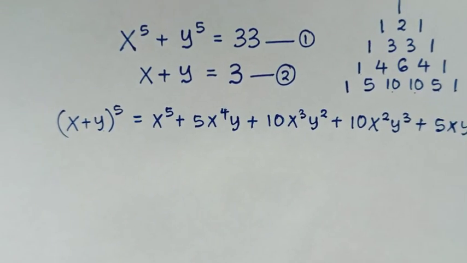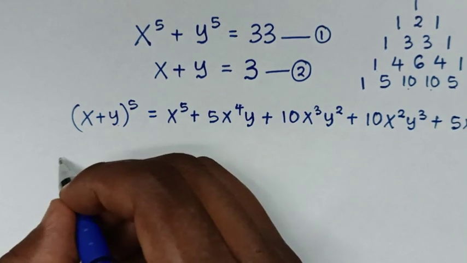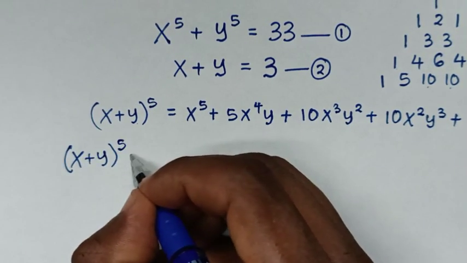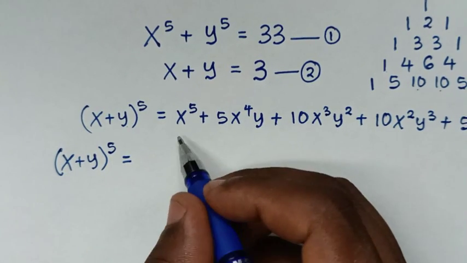Then from here, (x plus y) power 5 is equal to this.